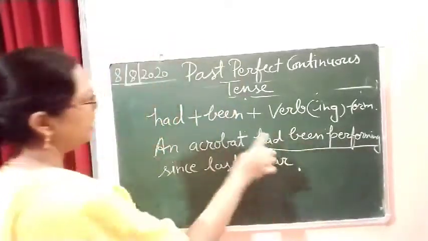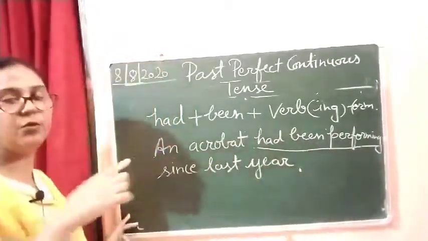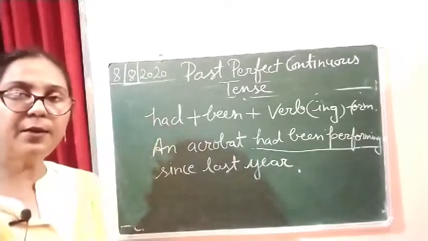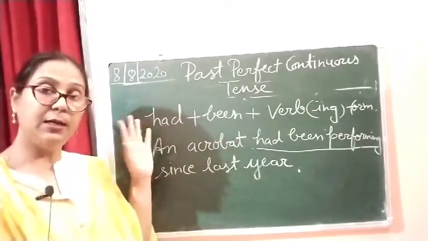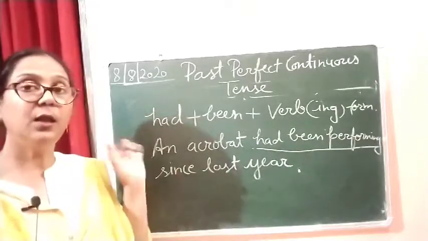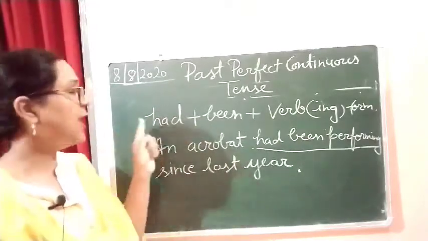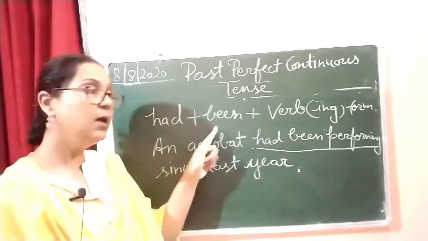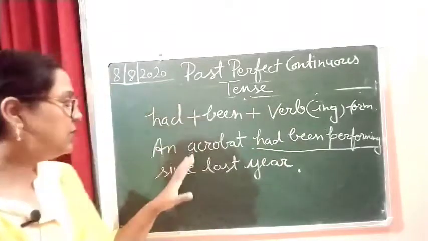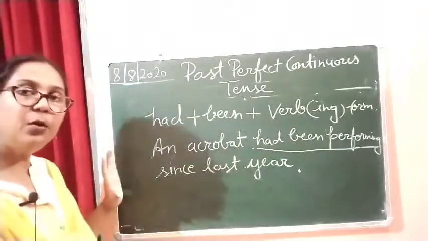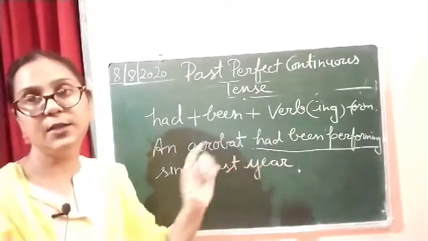I have used had been, then performing, ing. So this we have to always remember whenever we make past perfect continuous tense sentences: always had been will be used, and then verb with ing. I have given this example: an acrobat had been performing since last year.